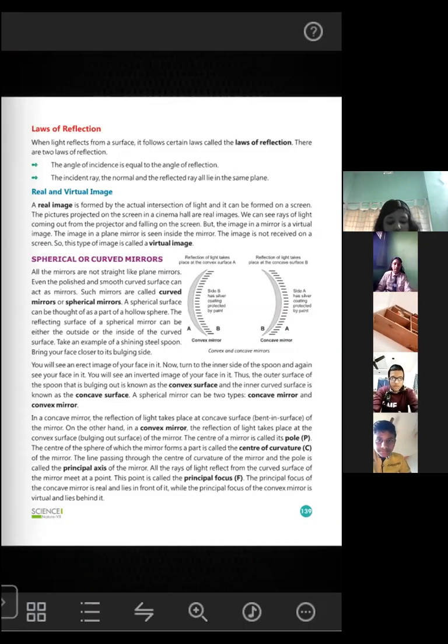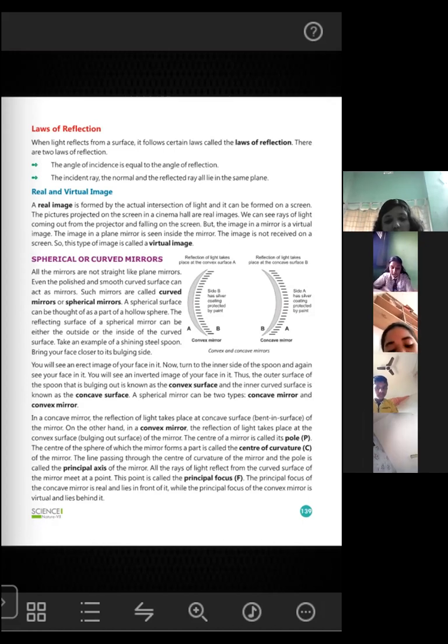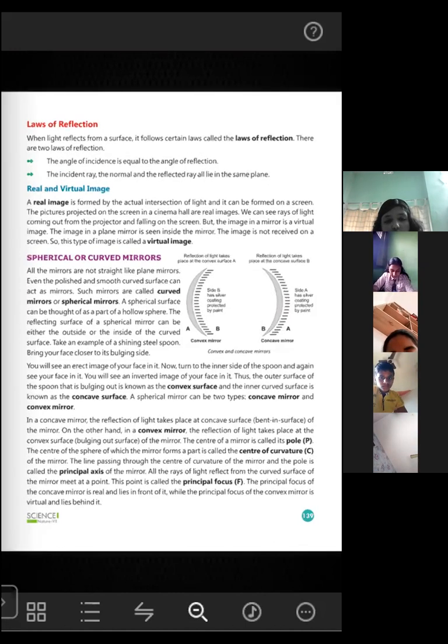Even a polished and smooth curved surface can act as a mirror. Such mirrors are called curved mirrors or spherical mirrors. So plane mirrors and curved mirrors. Curved mirrors are of two types, convex mirrors and concave mirrors. A spherical surface can be thought of as a part of a hollow sphere. The reflecting surface of the spherical mirror can be either the outside or inside of the curved surface. So here you can see in this picture.